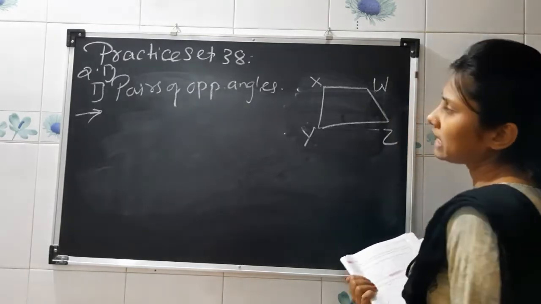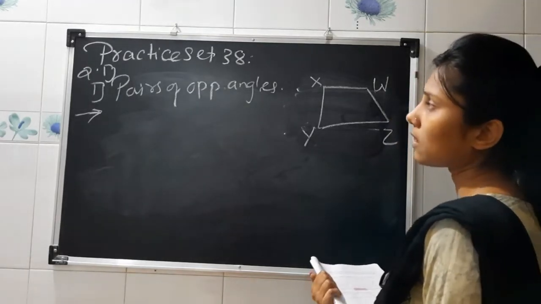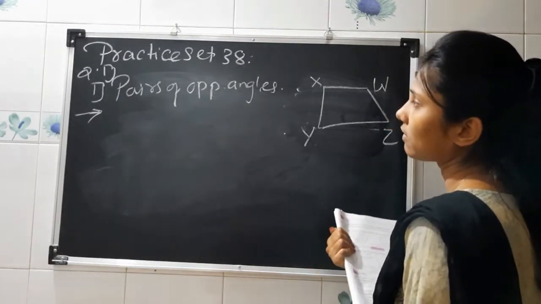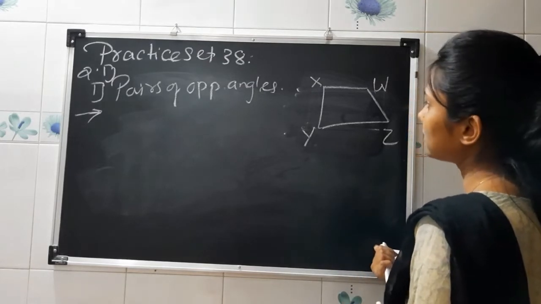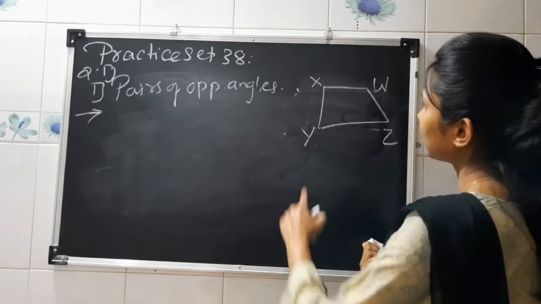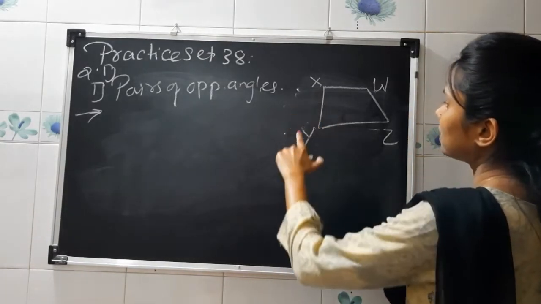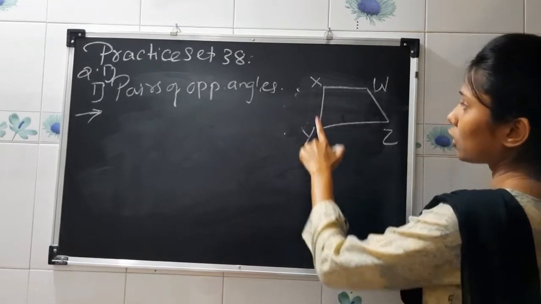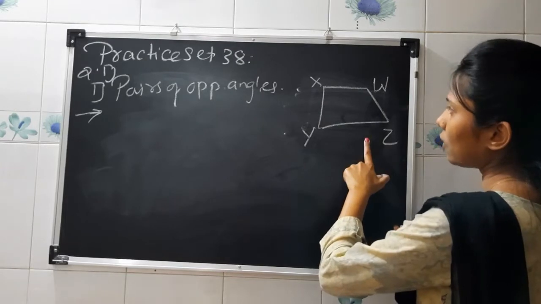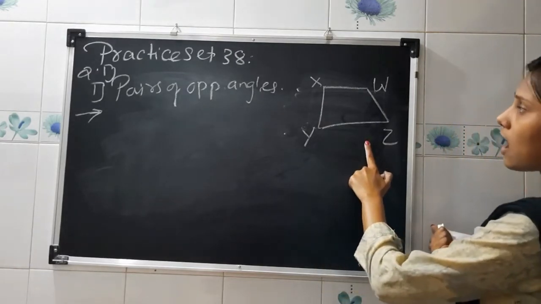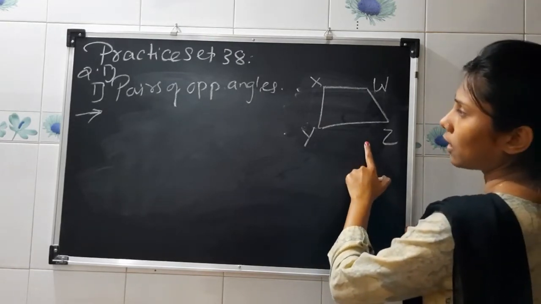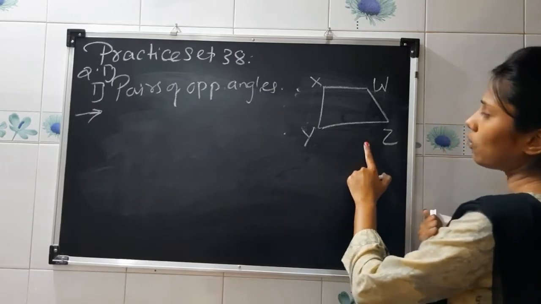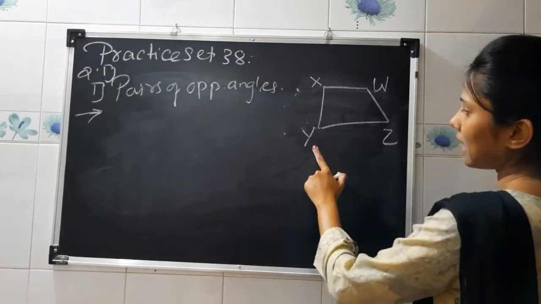Now, in the previous lecture we have seen the opposite angles. What are the opposite angles? Angles whose vertices are not common are called opposite angles. So which are the opposite angles?